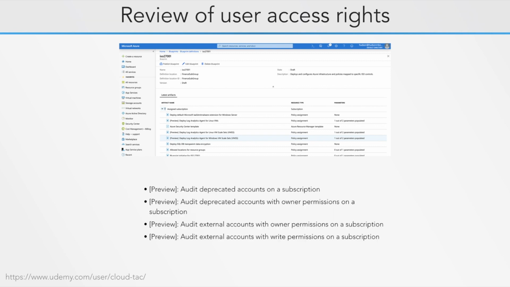Using the Azure portal, you can review who has access to Azure resources and their permissions. This blueprint assigns 4 Azure policy definitions to audit accounts that should be prioritized for review, including deprecated accounts and external accounts with elevated permissions.